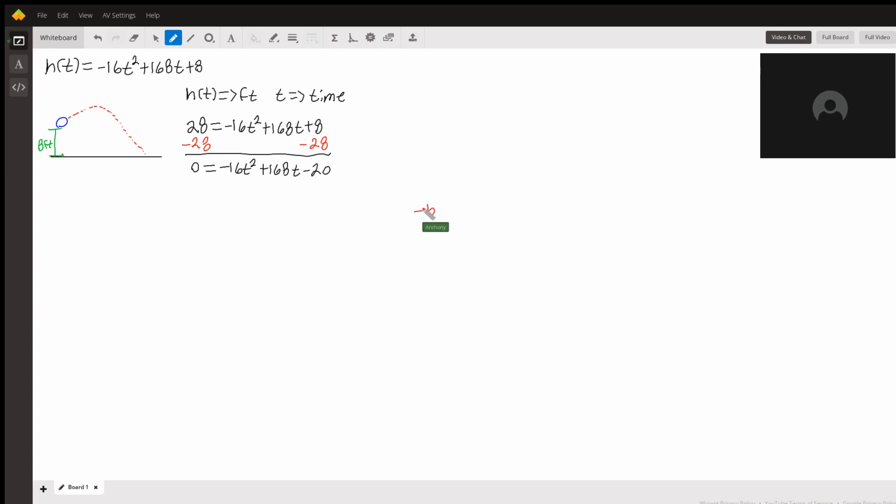negative b plus or minus the square root of b squared minus 4 times a times c, all over 2a. So then we can just label our a term, b term, and c term.